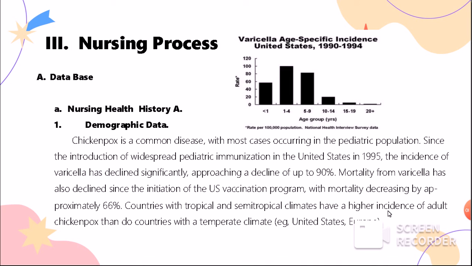Mortality from varicella has also declined since the initiation of the U.S. vaccination program, with mortality decreasing by approximately 66%. Countries with tropical and semi-tropical climates have a higher incidence of adult chickenpox than countries with a temperate climate, for example, the US and Europe.